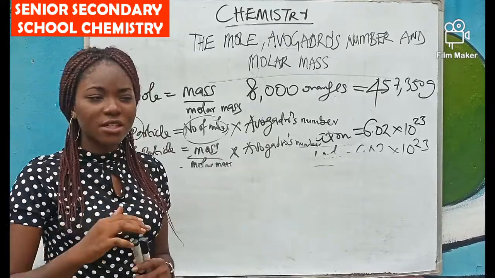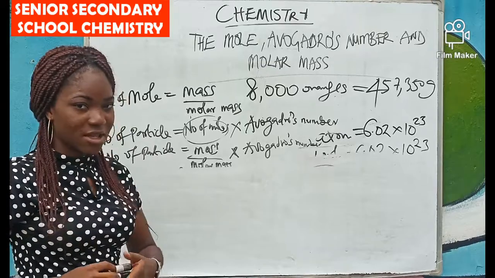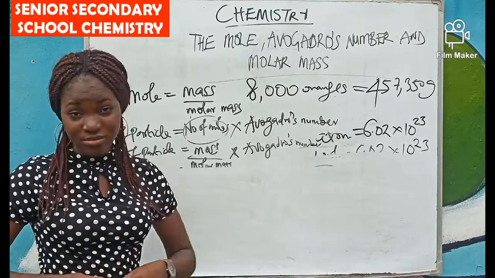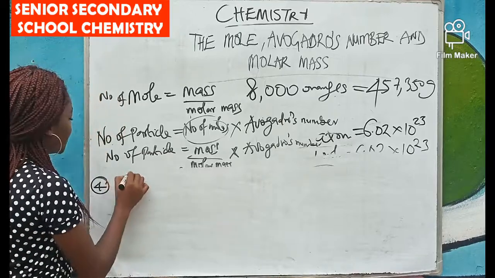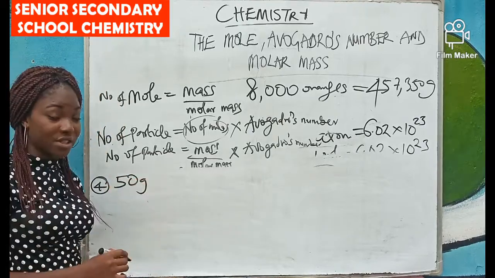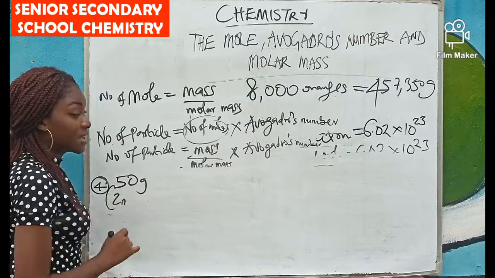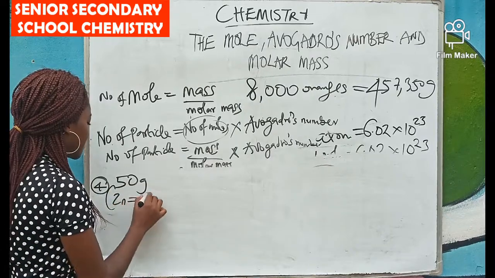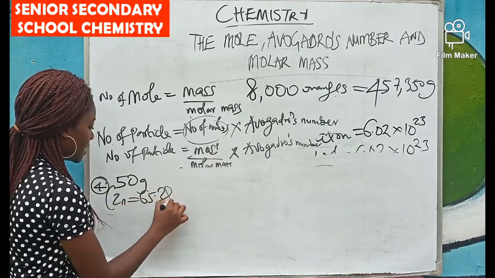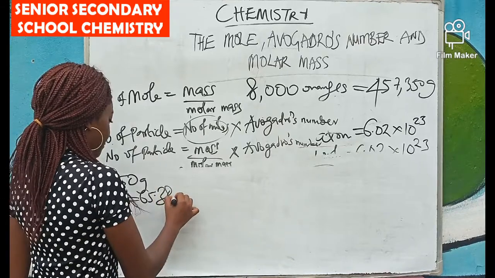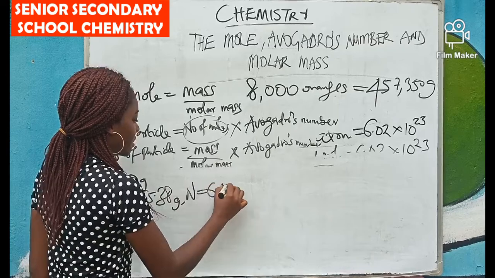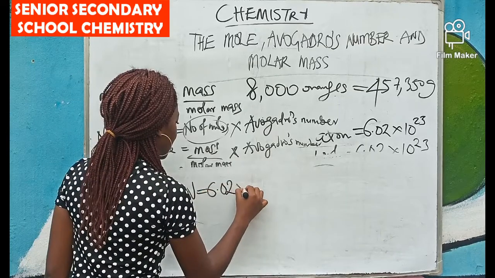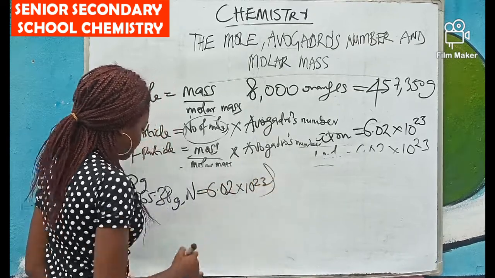Say we're asked to find the number of zinc atoms in a sample containing 50 grams of zinc. From our periodic table, the molar mass of zinc is 65.38 gram, and our Avogadro's number is 6.02 times 10 raised to power 23.